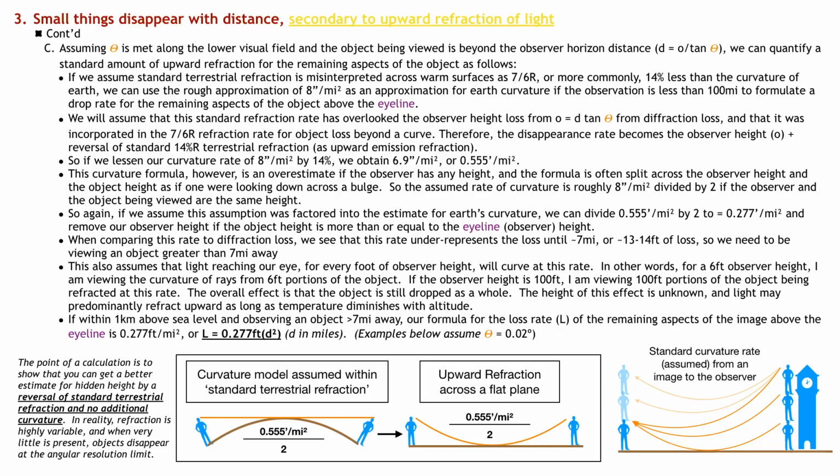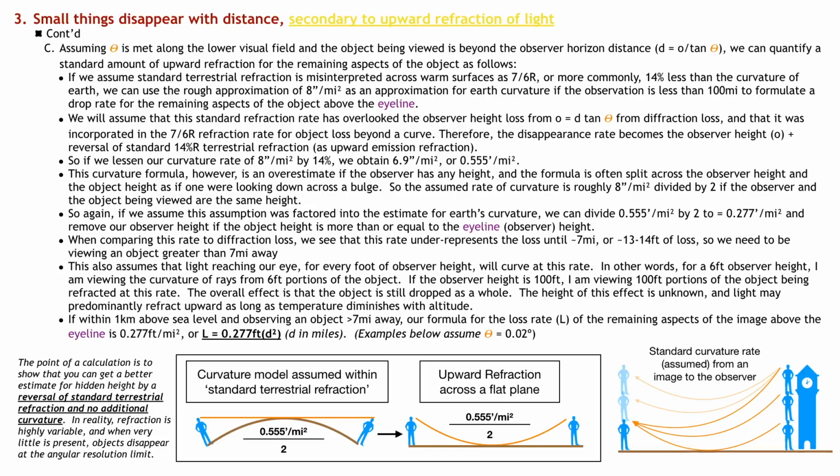So assuming theta is met along the lower visual field, okay, so assuming that we've actually encroached the diffraction limit to some extent, and the object being viewed is beyond the observer horizon distance, we can quantify a standard amount of upward refraction for the remaining aspects of that object as follows. In other words, we have something that is setting in the distance. How much loss can we extrapolate from that?